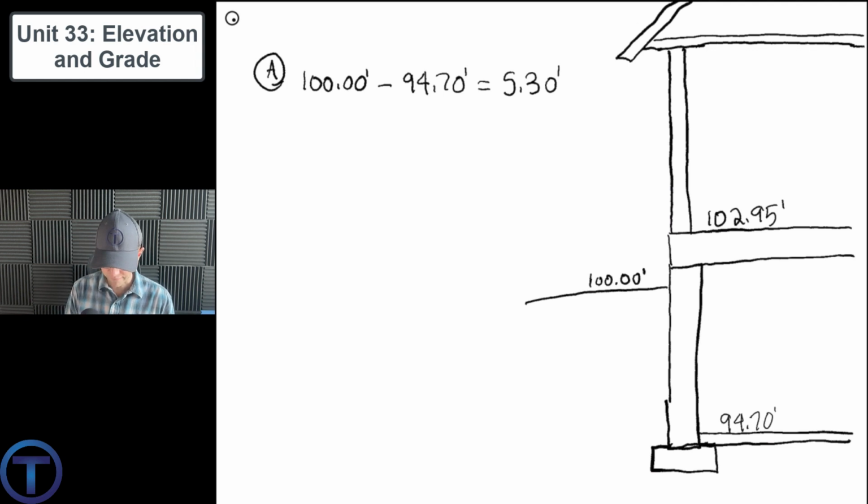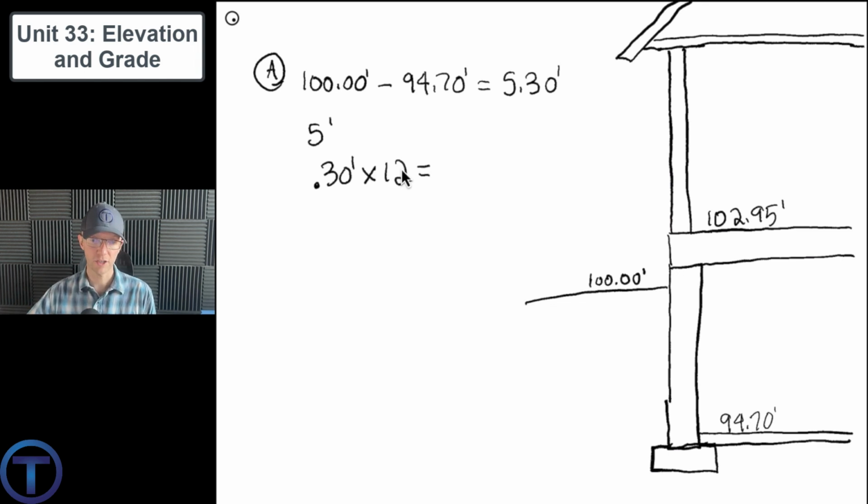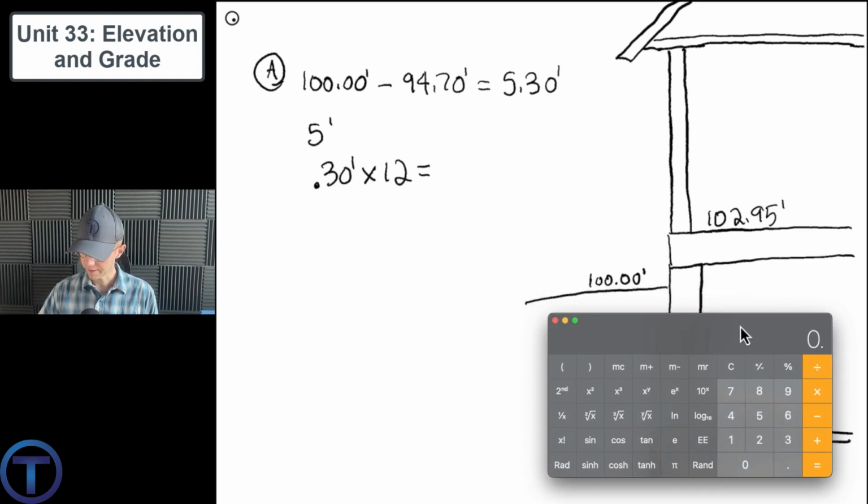So if we convert that 5.30 feet into builder's measure, we take our 5 feet. We're going to save that. Then we take our 0.30 decimal feet, and we want to get that over into inches. So we multiply by 12, and that's going to give us our inches. Let's put our calculator into this. 0.3 times 12 equals 3.6 inches.